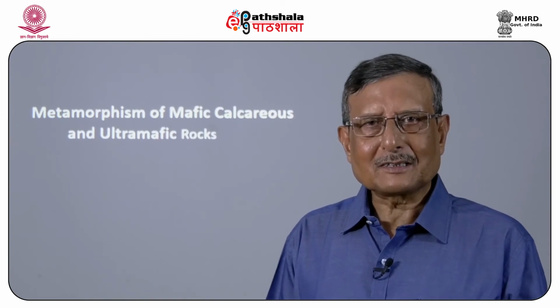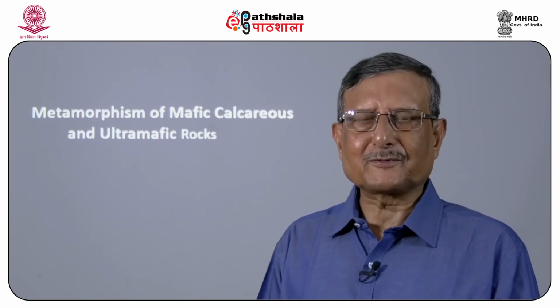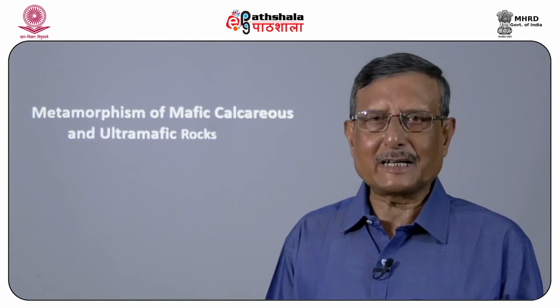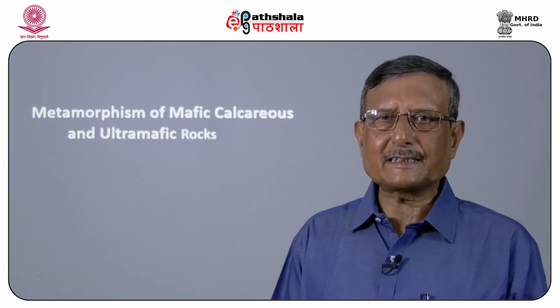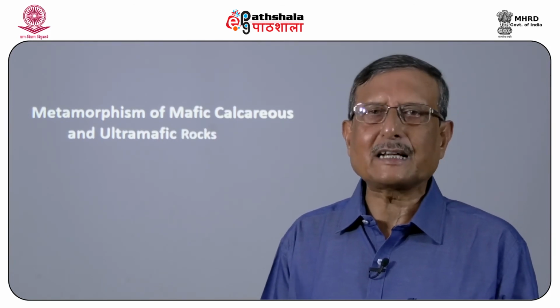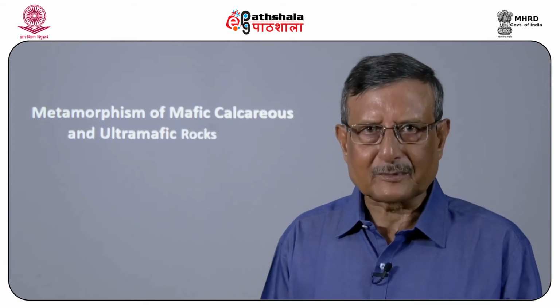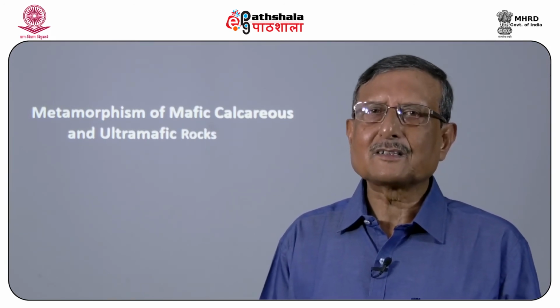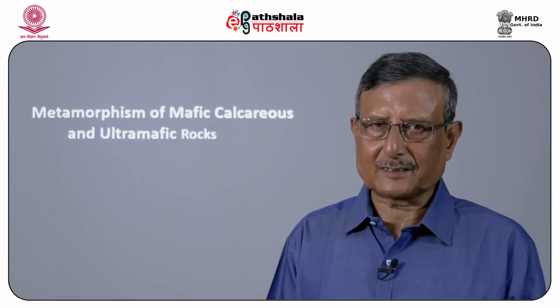At the transition to granulite facies, wollastonite makes its appearance, and you might recall what is wollastonite. It is calcium silicate. It is a pyroxenoid crystallizing in the triclinic system. This pyroxenoid makes its appearance at the transition to granulite facies.